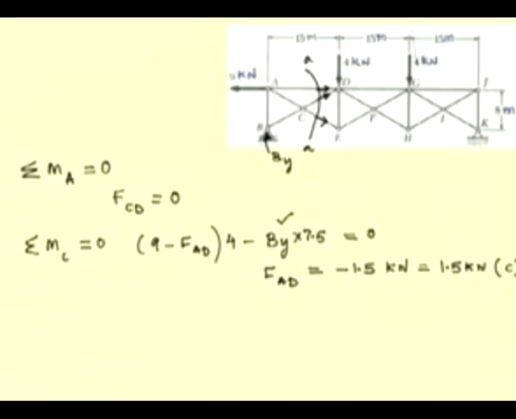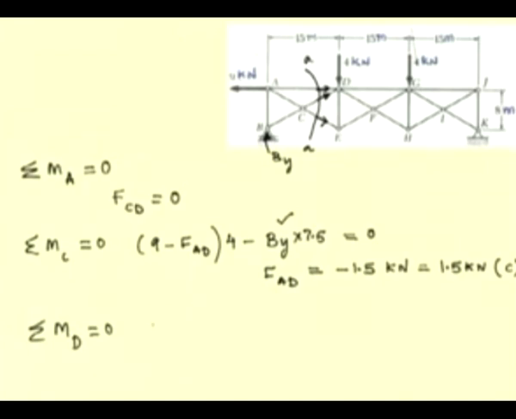Now, let us consider the moment about D, because the forces FAD and FCD are concurrent about D, it is possible to determine the force in the member CE from this equation.